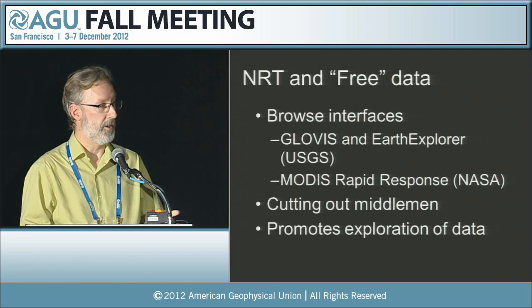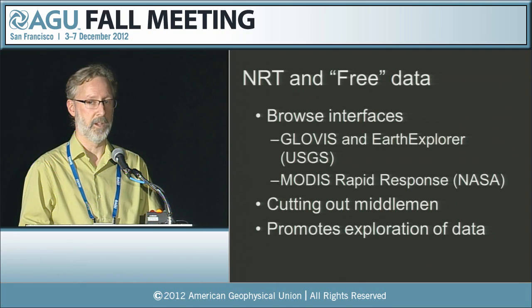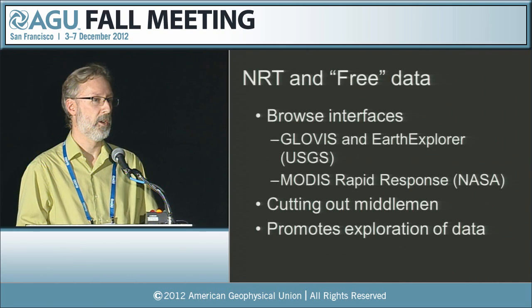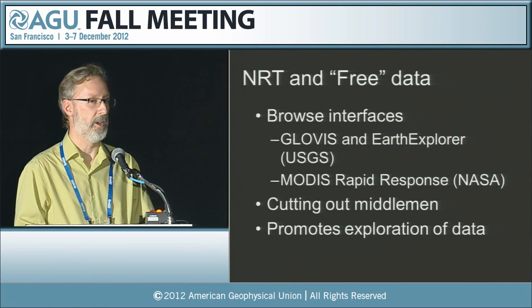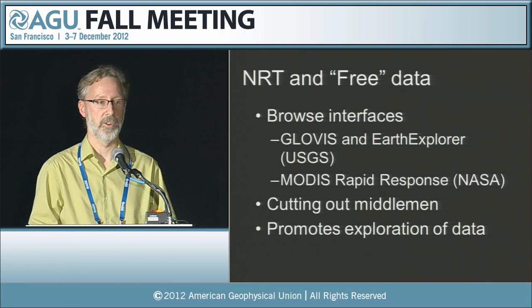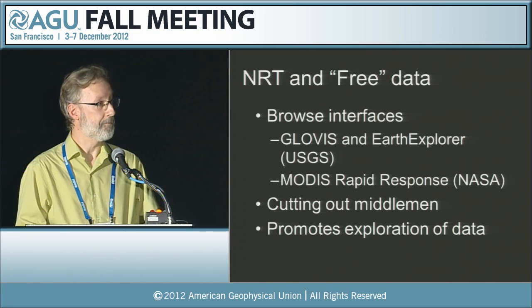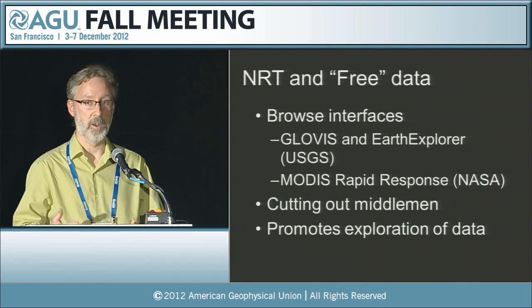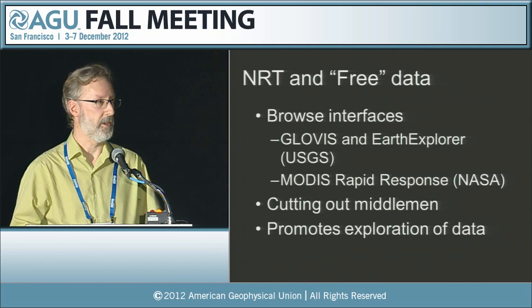For some very notable examples that we use every day, as I mentioned, the MODIS Rapid Response at NASA, but also GLOVIS and the Earth Explorer through USGS, which gives us a lot of access to Landsat, ASTER, EO1 data. And those interfaces allow all sorts of other people to come in and start retrieving imagery.